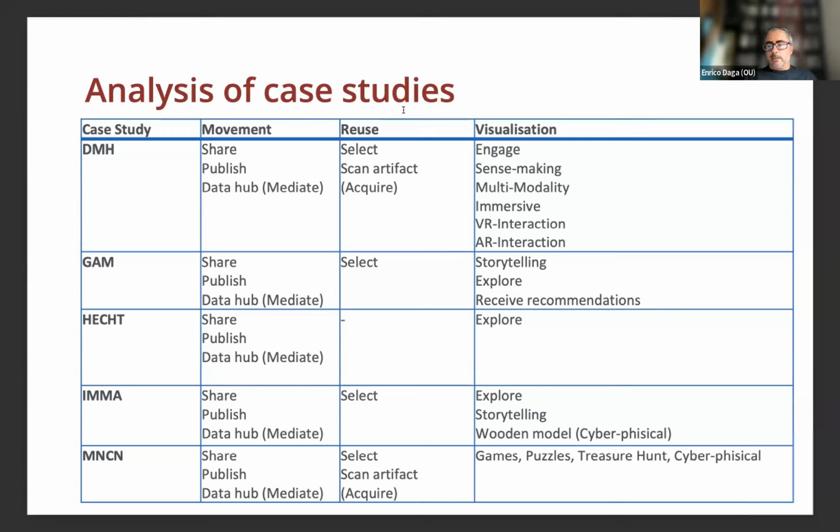These include some storytelling, receiving recommendations, exploring data, and interacting with cyber-physical systems. In some cases, there was a physical object that was part of the activities. It can be games, puzzles, treasure hunts, and so forth.